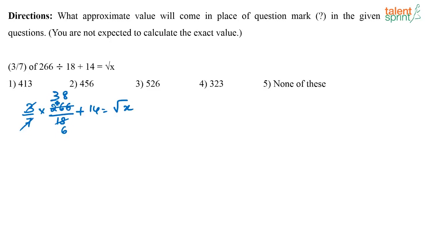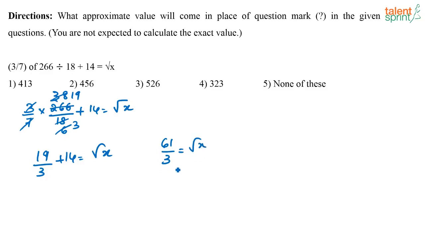So you have 38 by 6, which is nothing but 19 by 3. So you have 19 by 3 plus 14 is equal to root of x. So if I take the LCM here, what will I get? 19 plus 42, that is 61 by 3 is equal to root of x.